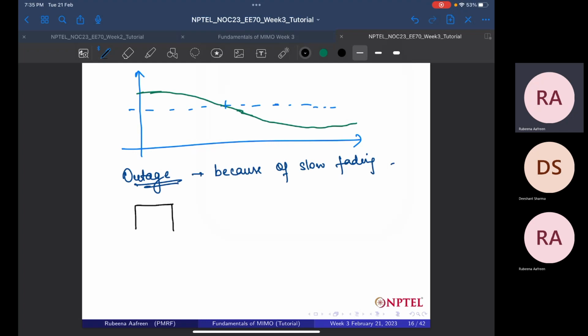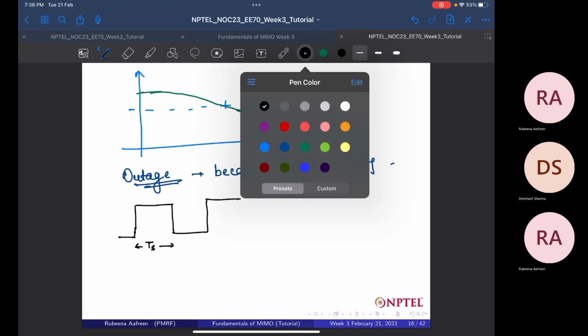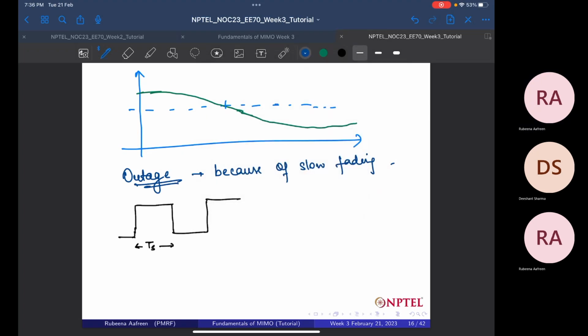Suppose we have the input signals of symbol duration Ts. Now suppose we have coherence time that is greater than Ts. So what will happen? Can you tell if it would be slow fading or fast fading?